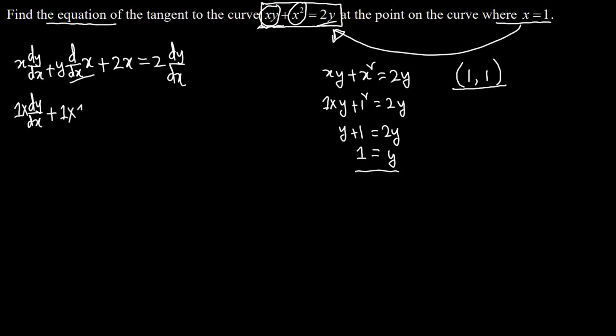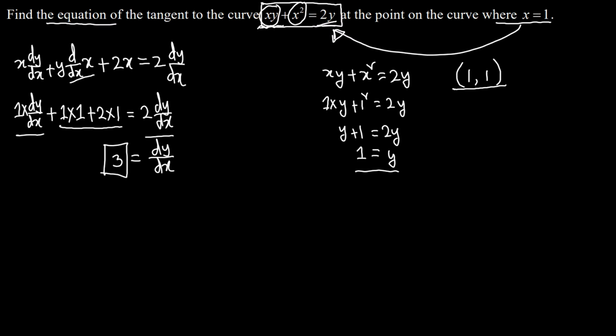Then plus 2 into x, which is 1, and on the right side it is 2 dy/dx. So from 2 dy/dx, if we subtract 1 dy/dx, it becomes a single dy/dx, and the value is 2 plus 1, which is 3. So this is the value which stands for the gradient of the tangent.